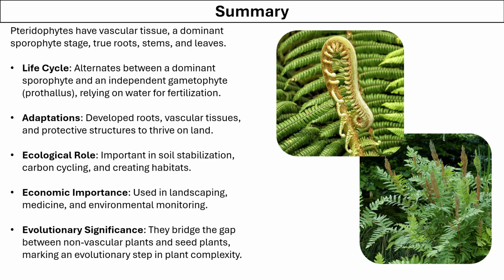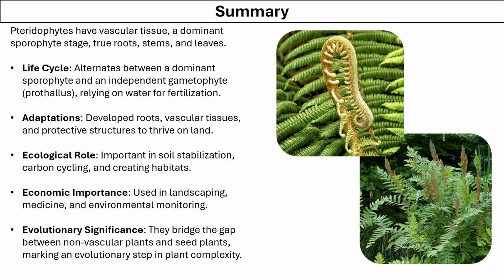Pteridophytes have a vascular system. In them, the dominant phase of their life cycle is sporophyte. They have true roots, stem, and leaves. They also display alternation of generation, and their gametophyte is independent, but they form the prothallus and it is not a very long phase of their life cycle. They are well adapted for terrestrial life with the presence of vasculature.